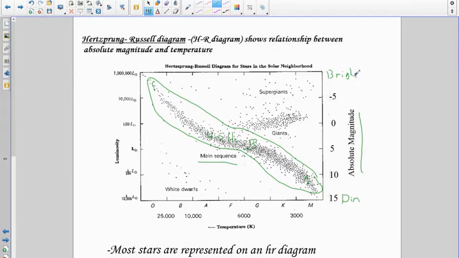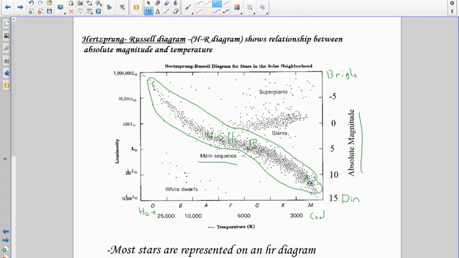And then coming over here, I can see that it's towards the right end over here. So here's 3,000. It's less than 3,000. So this is a very cool star. And then over here, I have my hot stars. Okay. So immediately, the obvious thing I should see is that star A is dim and cool.